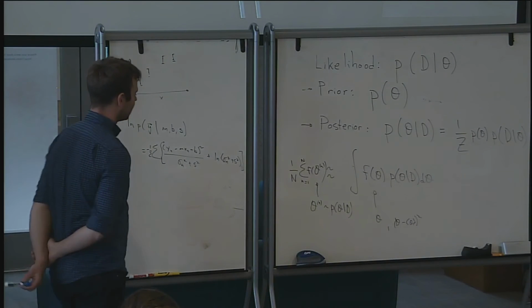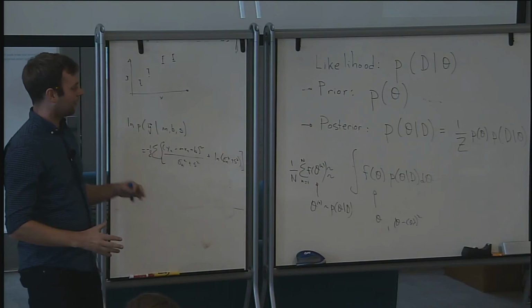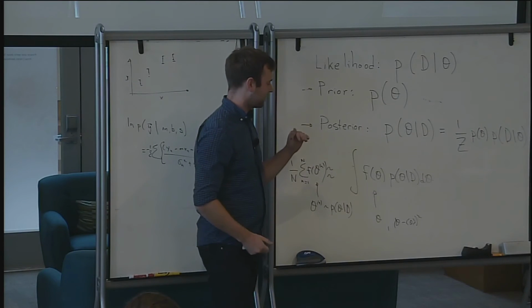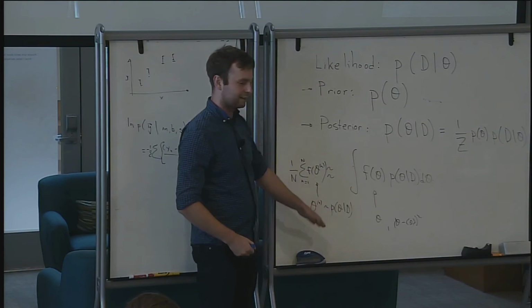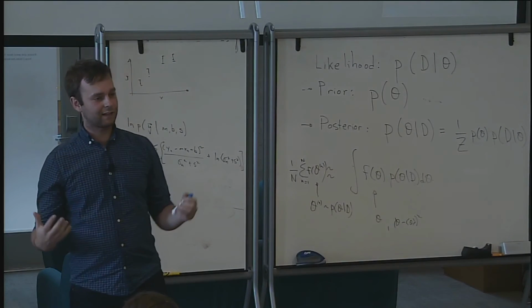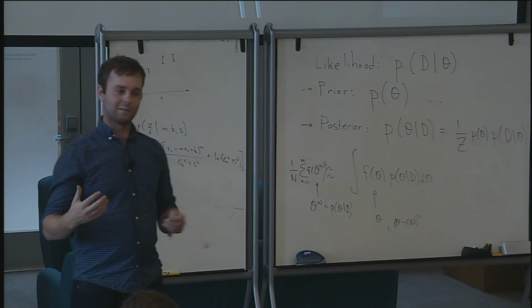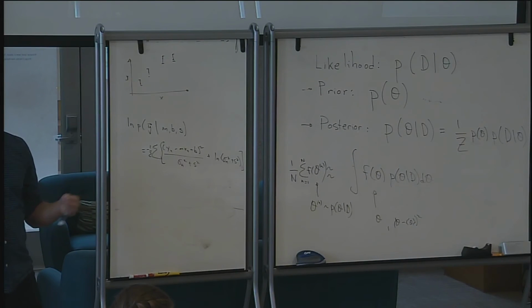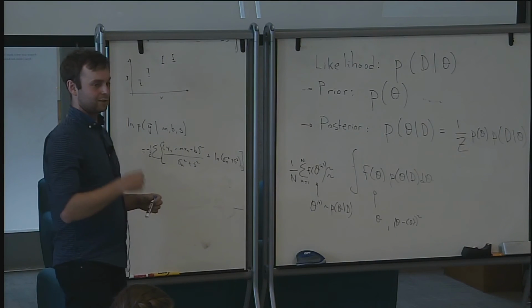All right, so now what we're left with is we need to come up with some way of generating these samples right here. Now, if we are in a very lucky situation where our posterior probability is simple, if it's a Gaussian or something like that, then you can just draw samples from that.